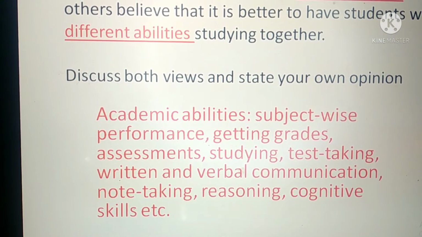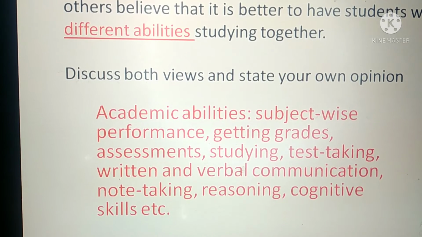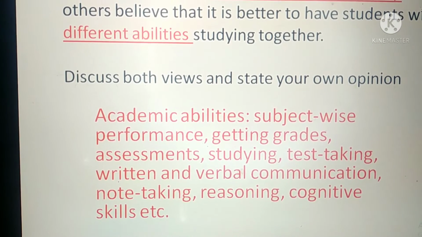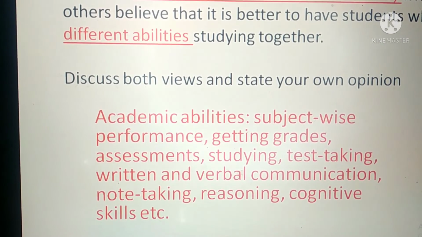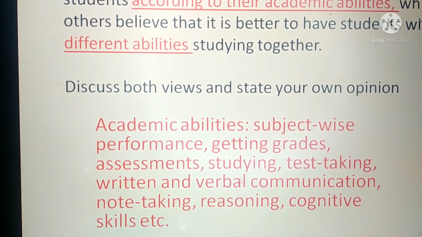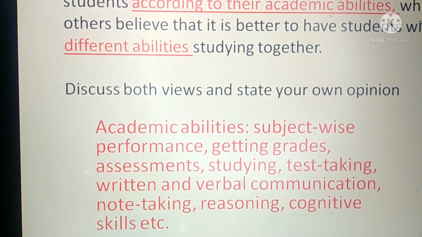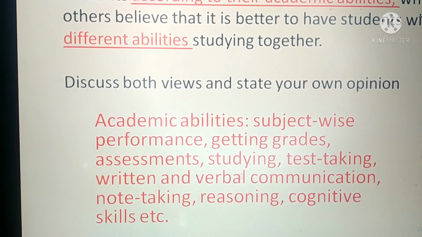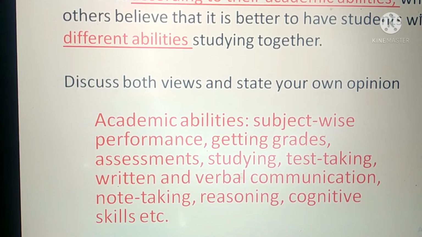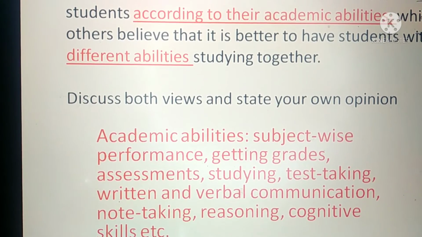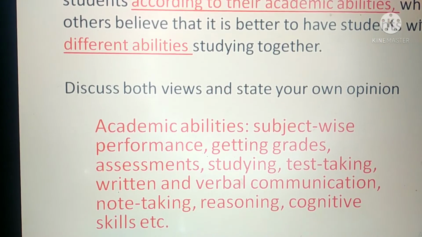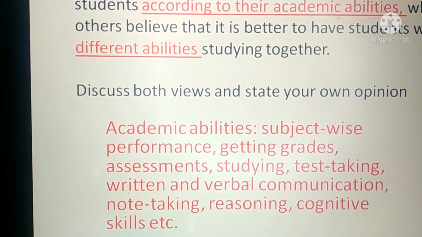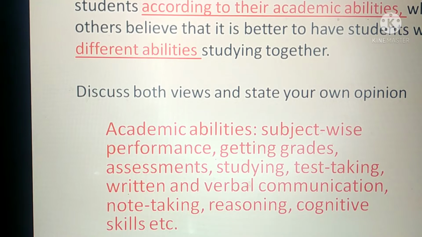It could be about assessments, studying, test taking, the student's written and verbal communication, or how he or she takes notes in the class, reasoning skills, cognitive skills. All these terms help us to understand the academic abilities of a student. These are all terms related to academic abilities, right? That thing is a bit clearer, what the academic abilities are.